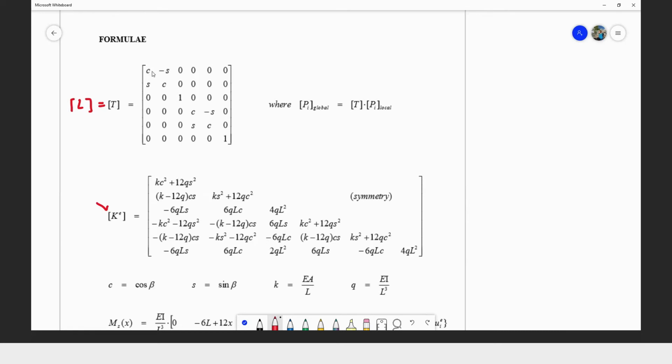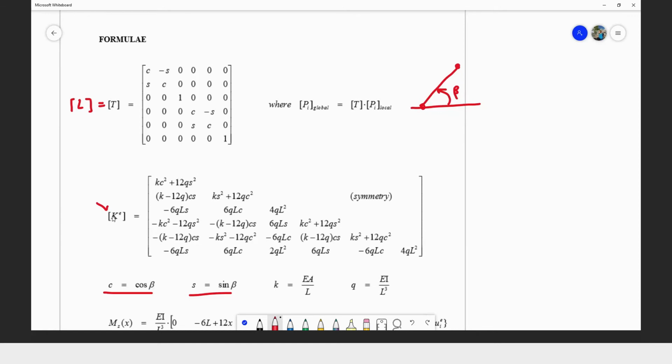And C is equal to cos beta, and S equal to sine beta, where the angle beta actually refers to the inclination angle of your element. Previously we called it theta. In this document, we call it beta. Actually it refers to the same thing.